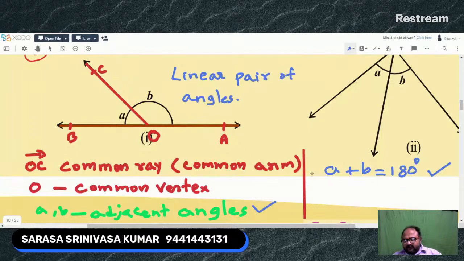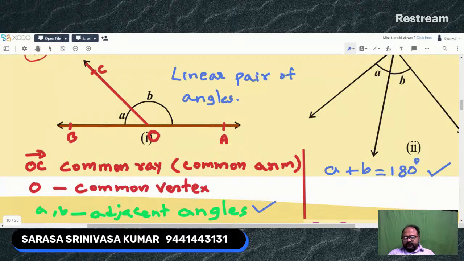The second one is, since their sum is also 180 degrees, a linear pair. This is condition 1 and condition 2. Both the conditions are satisfied. Then we say that the two angles, angle A and angle B, are a linear pair of angles.